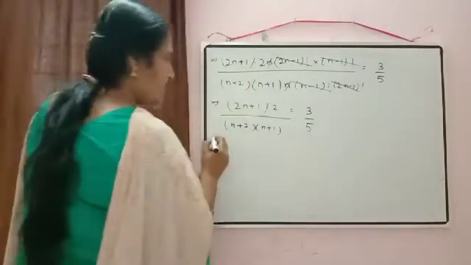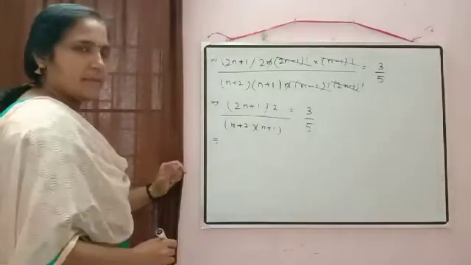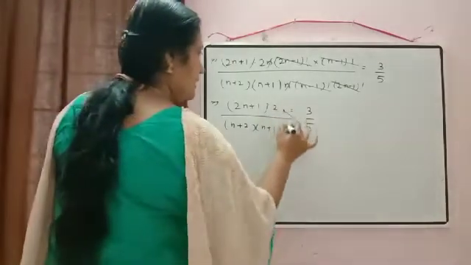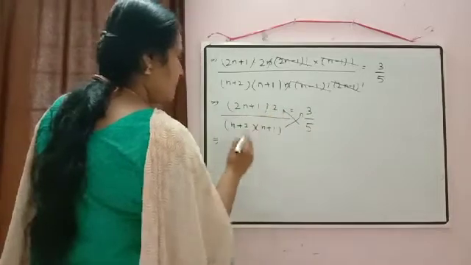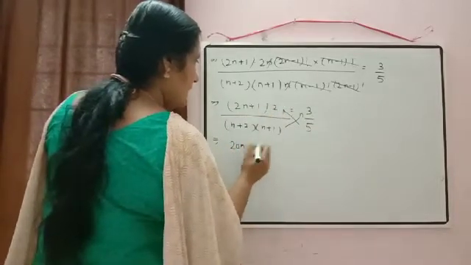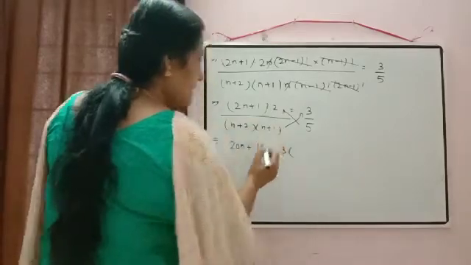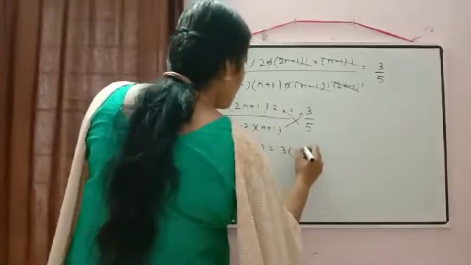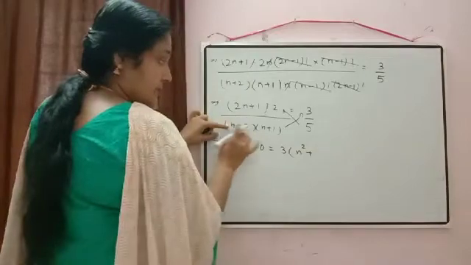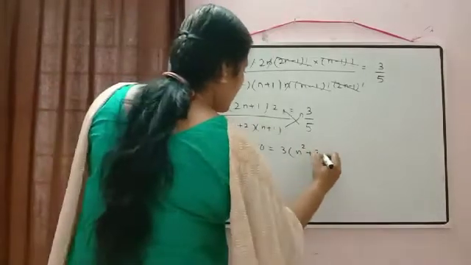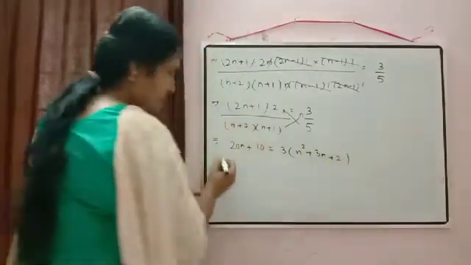Okay. Now what we will do? Cross multiplication here. So 5 2s are 10, so 10 into (2n+1) will be equal to 20n plus 10. Here 3 into just multiply, then it will be n square plus n plus 2n, which is 3n plus 2.